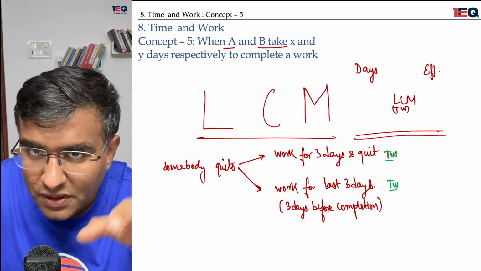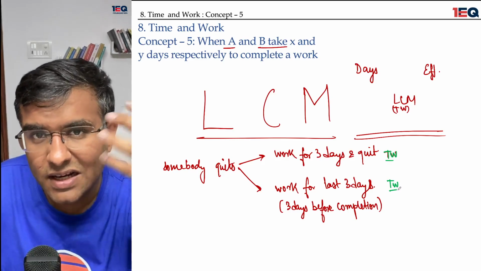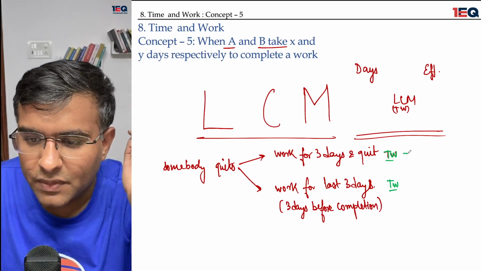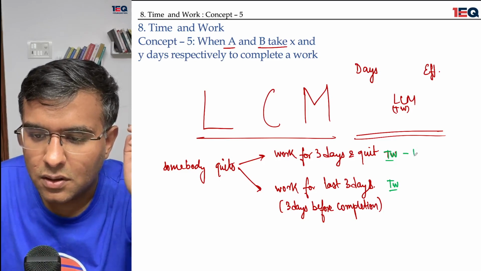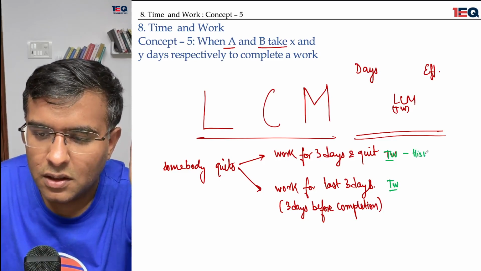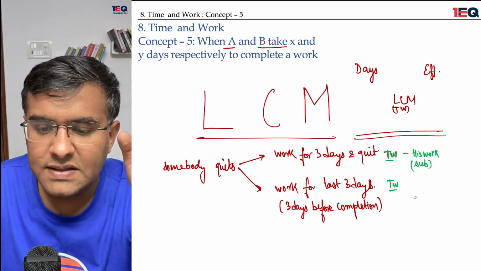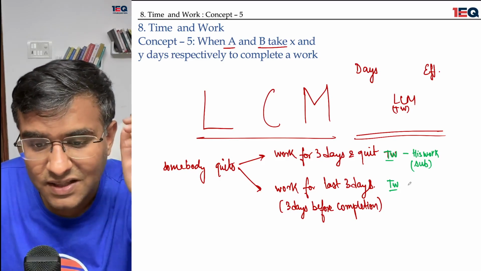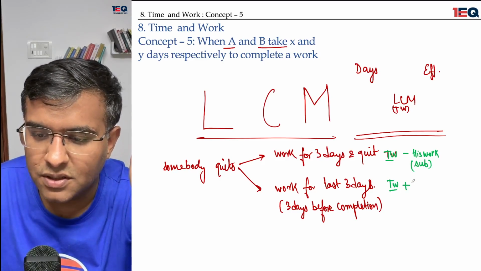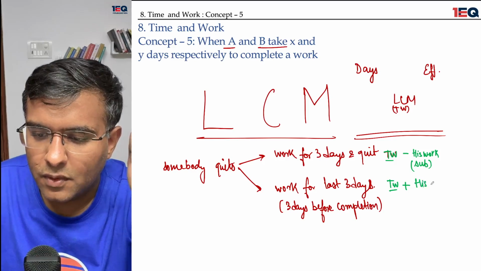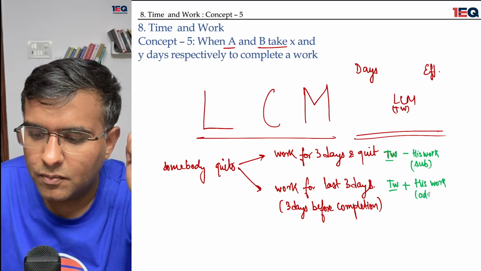When somebody works for 3 days in the beginning and leaves, at that time, his work, I'm writing, his work is subtracted. When somebody works in the end or 3 days before completion, his work is added.